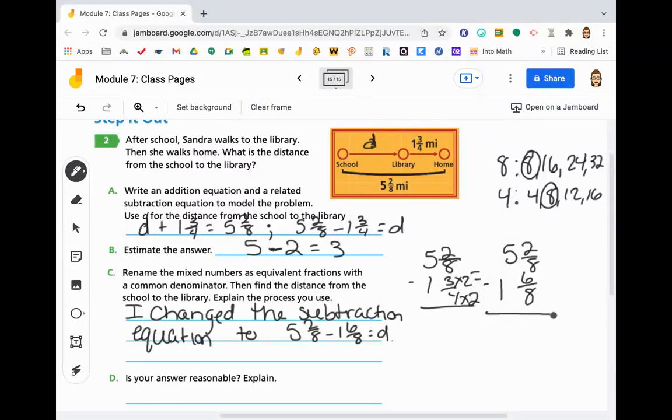We can't take 6/8 away from 2/8, so we have to rename the 5 as a 4. And the 2, we add our denominator to our numerator, so 8 plus 2 is 10.